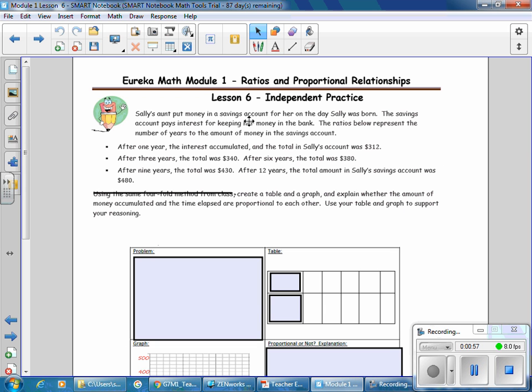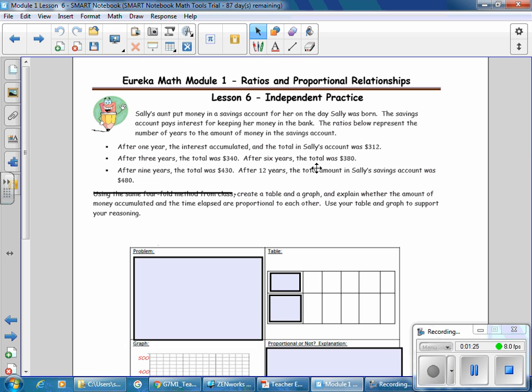Sally's aunt put money in a savings account for her on the day Sally was born. The savings account pays interest for keeping her money in the bank. The ratios below represent the number of years to the amount of money in the savings account. After 1 year, the interest accumulated and the total in Sally's account was $312. After 3 years, the total was $340.